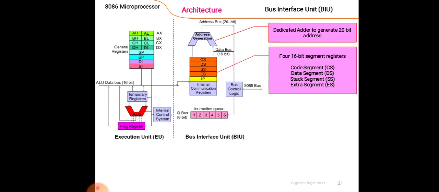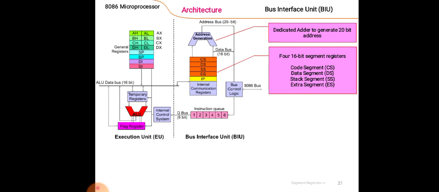So in bus interface unit the address generation is done by one ALU. So what do you mean by address generation? Basically 8086 is having 20-bit address bus, and while we write any command, that will generate only 16-bit address. So we have to generate 20-bit address, that means physical address generation.